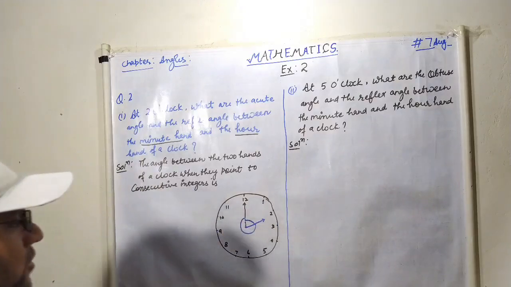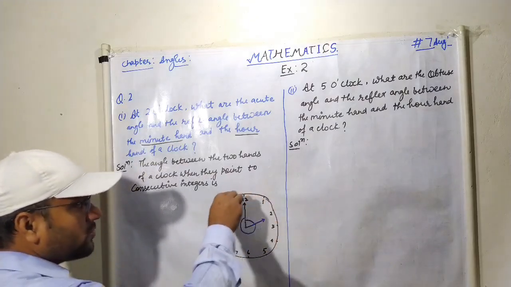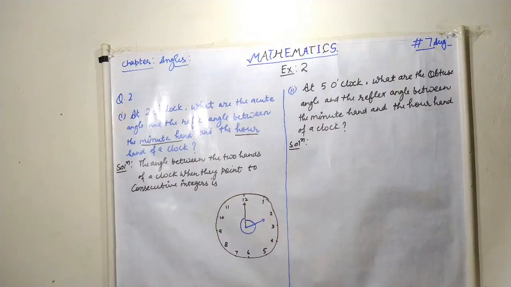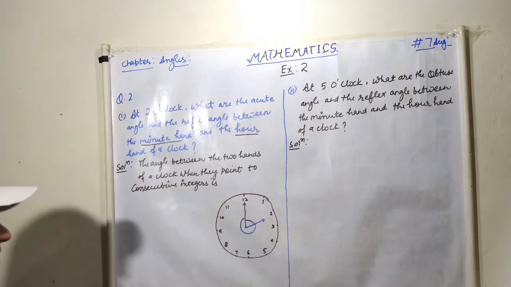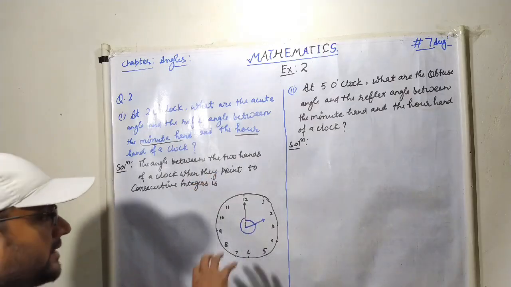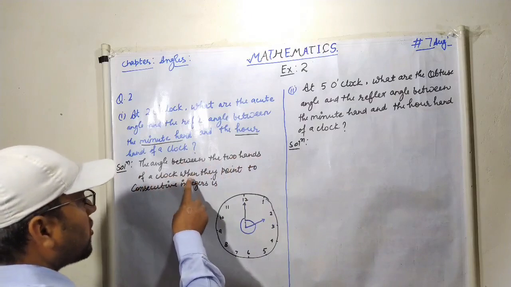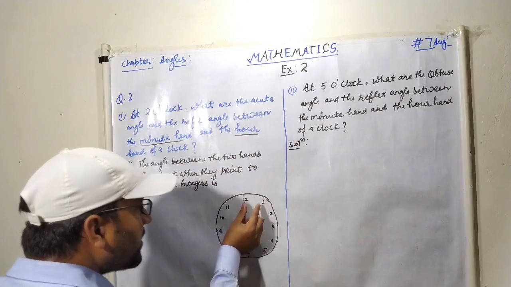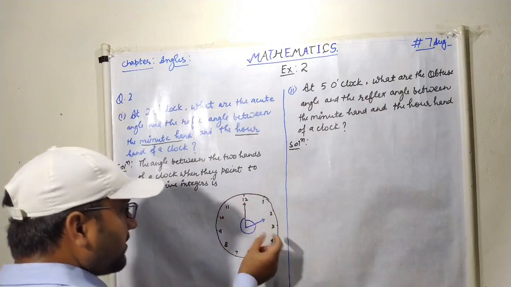Okay, and you know that when the clock hand makes one complete rotation, it forms 360 degrees. One complete rotation of the hand of a clock generates 360 degrees. So what is the angle between the two hands of a clock when they point to consecutive integers, like 12 and 1, 11 and 12, 10 and 11, 1 and 2?